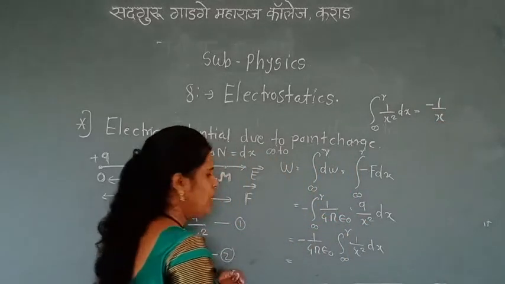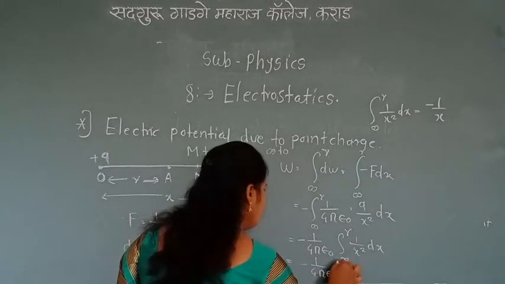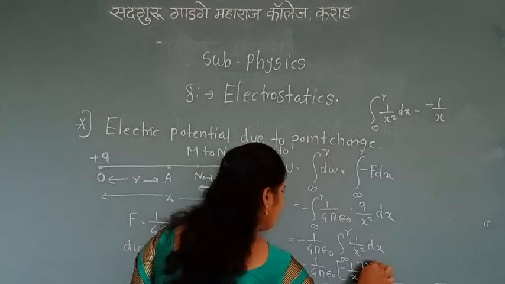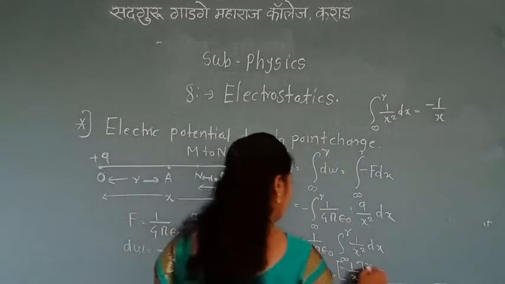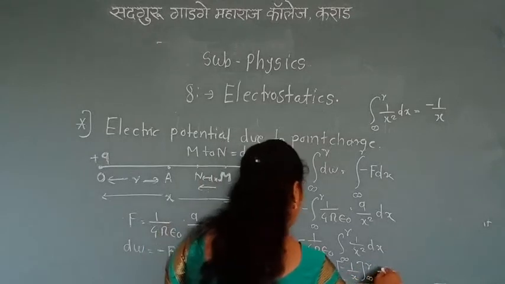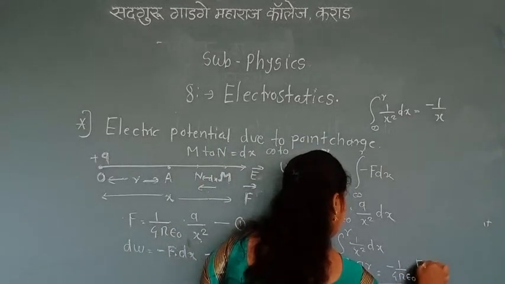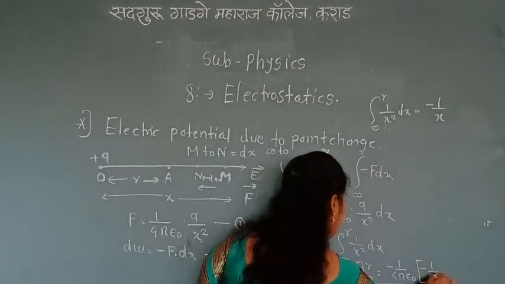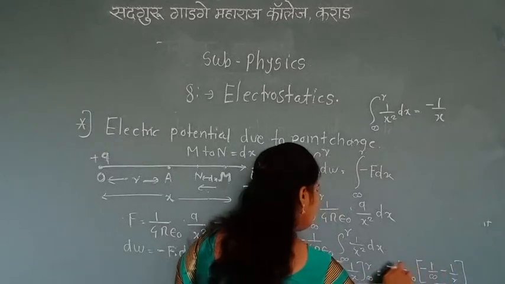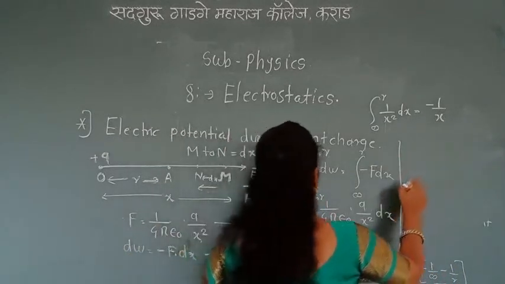So we get minus 1 upon 4 pi epsilon naught Q, in brackets minus 1 upon x from infinity to R. Substituting the limits, we get 1 upon 4 pi epsilon naught Q, in brackets minus 1 upon infinity minus 1 upon R. Therefore the infinity term cancels.